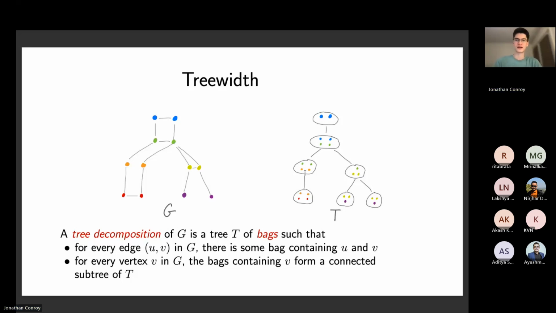Graphs of bounded tree width are often easy in some sense, or algorithmically we can work with them. You can maybe do some divide and conquer or dynamic programming, just like on a tree. But of course, there are many minor-free graphs that don't have low tree width.